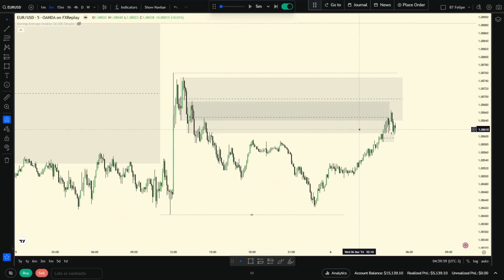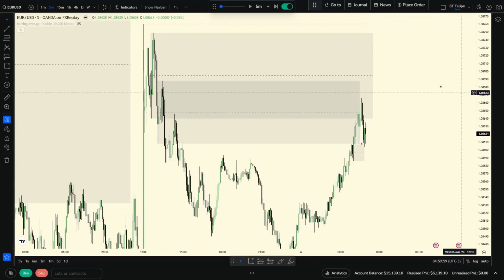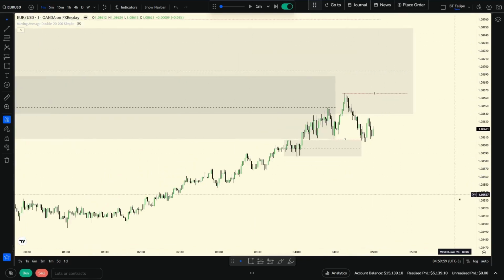Only on M5. But right now I can't short because price manipulated down, so it has to manipulate up first. And then we can short, but the 50% is here of this POI. Maybe it's gonna come to this and then drop. I don't know, let's see.